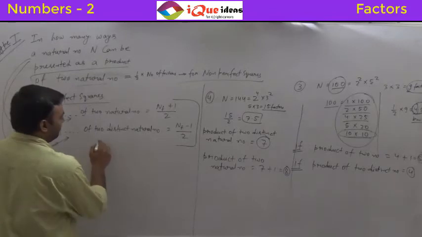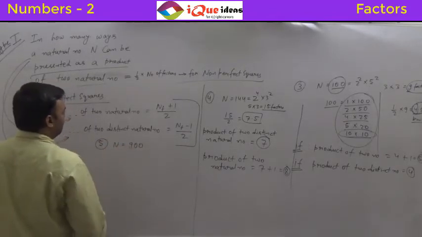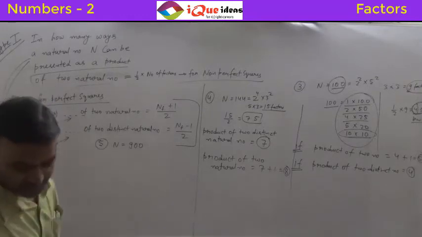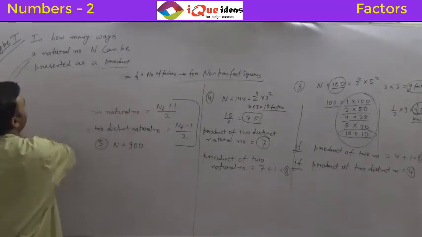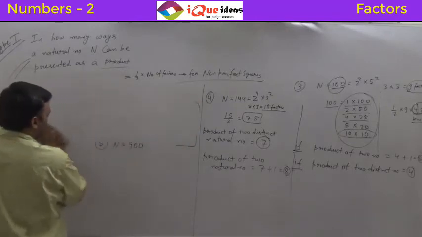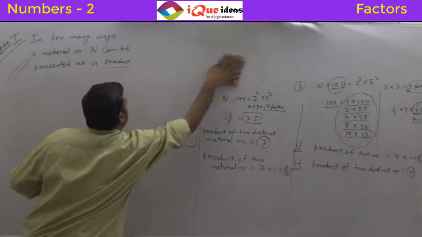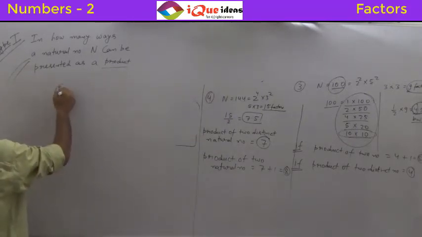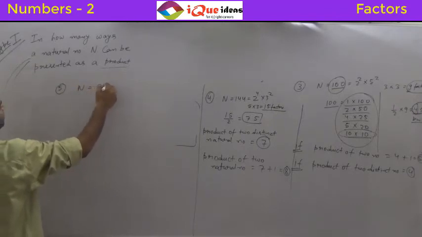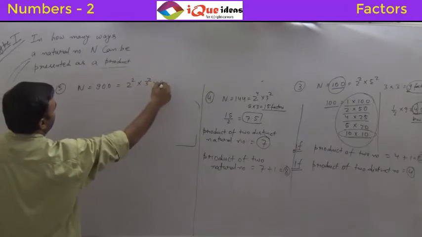Let's take another example. If n is equal to 900, the question would read, in how many ways can 900 be presented as the product of two distinct natural numbers, and as the product of two natural numbers. So 900 is 30 square, so 2 square into 3 square into 5 square.